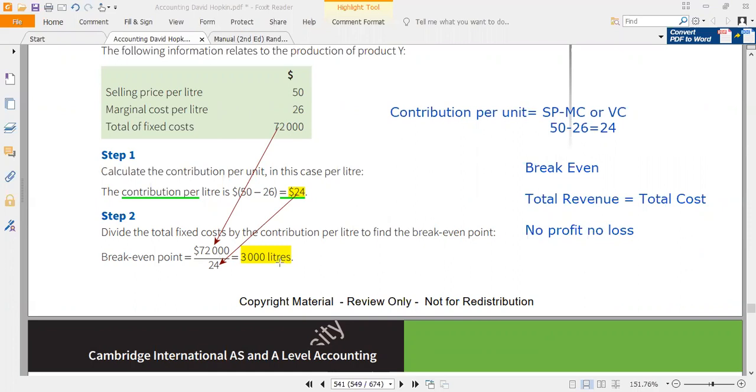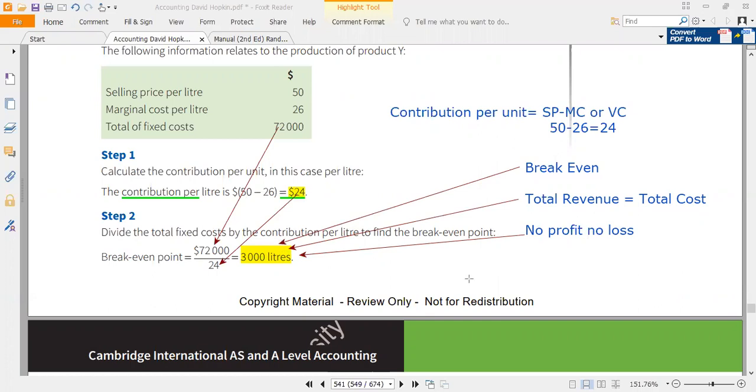What does it mean? If you produce and sell 3,000 liters, then you can cover your fixed cost, and you will not be making any profit or loss. So this is no profit, no loss. If you sell 3,000 liters, total revenue will equal total cost, and that is also called break even.